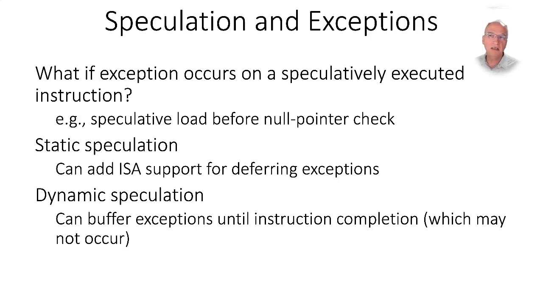Remember the idea that I said that in the pipeline, if an instruction is causing an exception, the instruction raises a flag and says, I am an exception-causing instruction. Every instruction before me will be nullified. I'll be nullified myself, but I go to the end of the pipeline. Well, if that instruction happens to be executing speculatively, it may happen that the instruction actually never gets to the end of the pipeline, and therefore the exception is never raised.